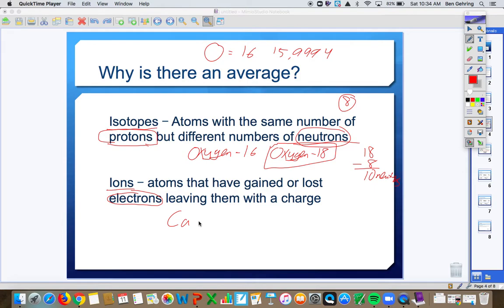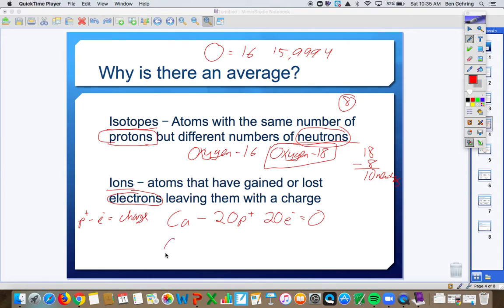If you look at your periodic table, calcium has an atomic number of 20, which means it's got 20 protons. If calcium is neutral, protons are positive, how many electrons does calcium have to equal 0? And so the answer to that is I have 20 electrons. 20 protons and 20 electrons equals a total charge of 0. So if you take protons minus electrons, you get your charge.